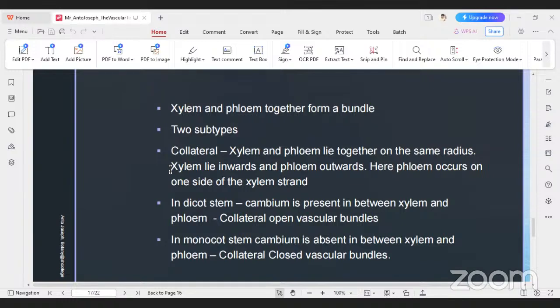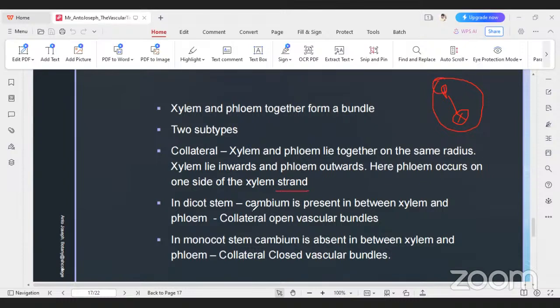In collateral, xylem and phloem lie together in the same radius, which means vascular bundle, xylem, phloem, same radius but not different. If it is different, that is radial. So same radius, xylem inward, phloem outward. Here phloem occurs on one side of the xylem strand.